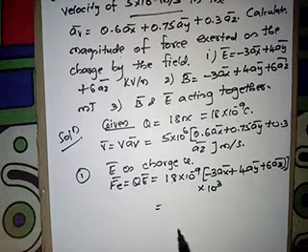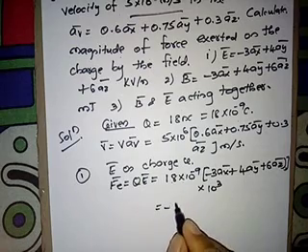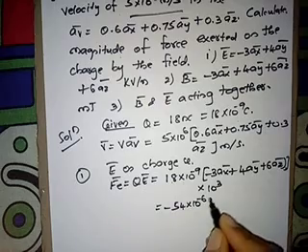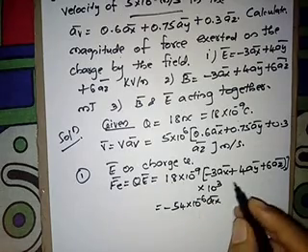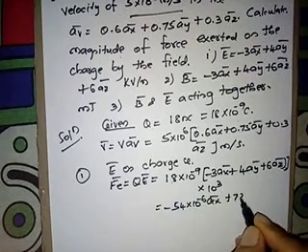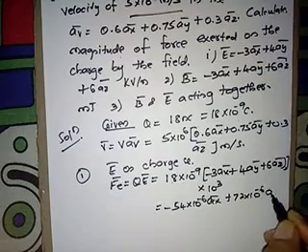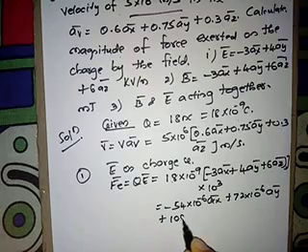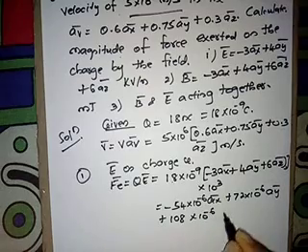If we simplify this, we get minus 54 into 10 raised to minus 6 aX bar plus 72 into 10 raised to minus 6 aY bar plus 108 into 10 raised to minus 6 aZ bar.